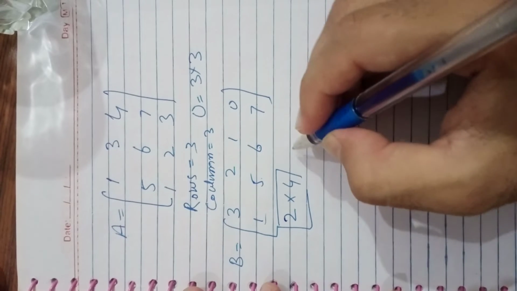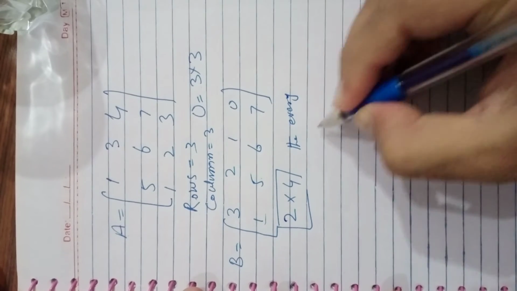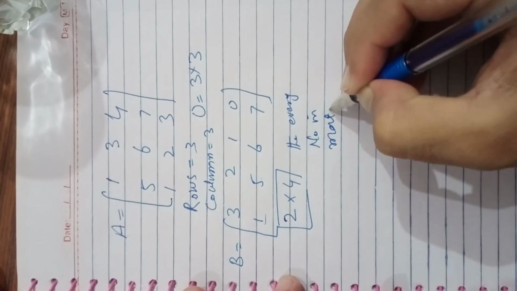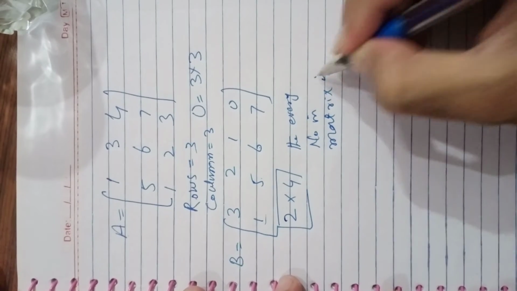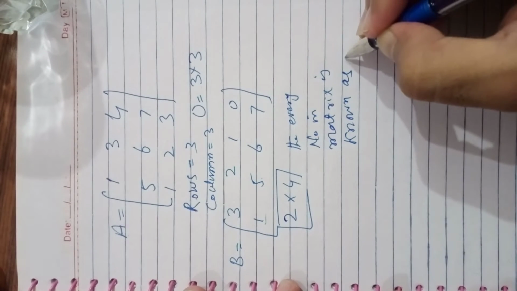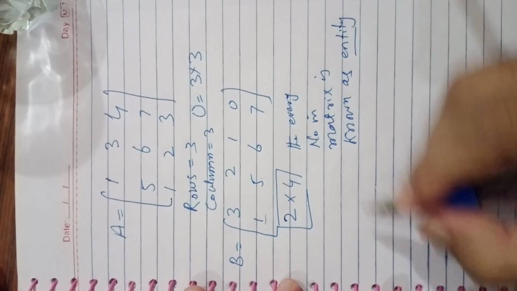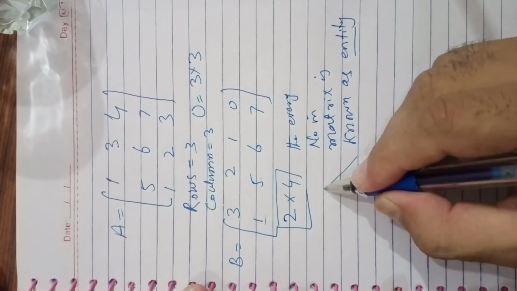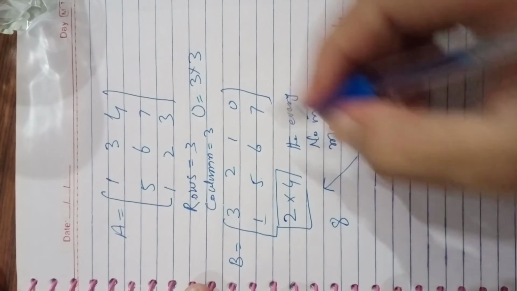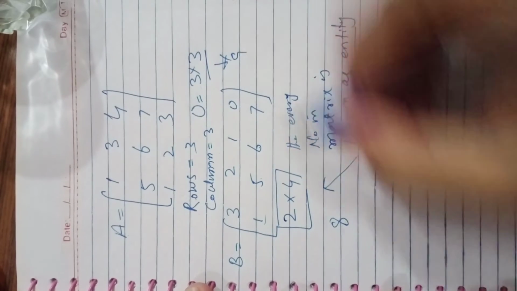Every number in a matrix is known as entity. It means in this there are 8 entities. In this matrix A, there are 9 entities.